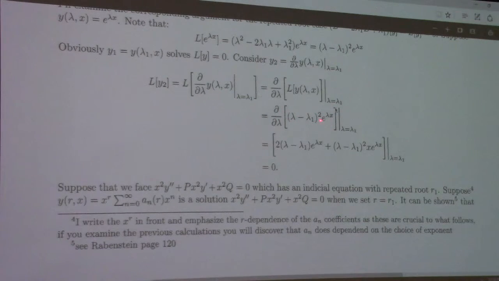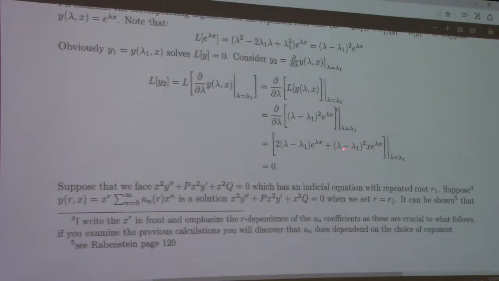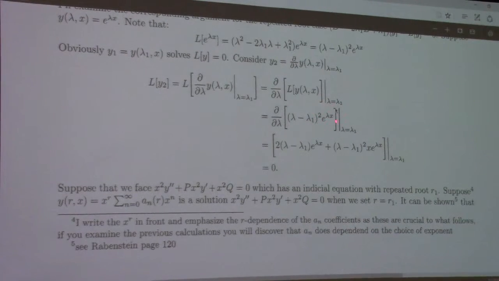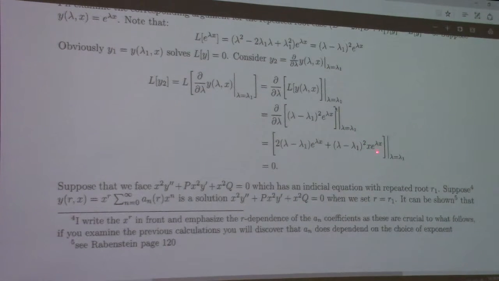Partial differentiate that with respect to lambda, and that gives me a couple things. On the one hand, it gives me twice this, but then I get plus this quantity squared, and then derivative of this with respect to lambda pulls down an x e to lambda x.